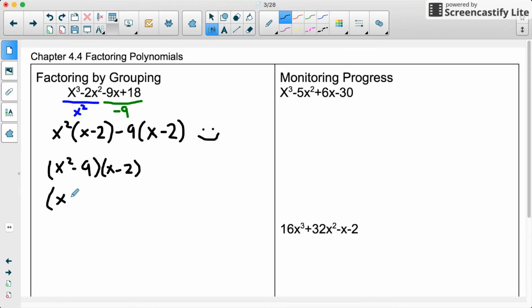So I can factor x squared minus 9 into x minus 3 times the quantity x plus 3 times the quantity x minus 2.